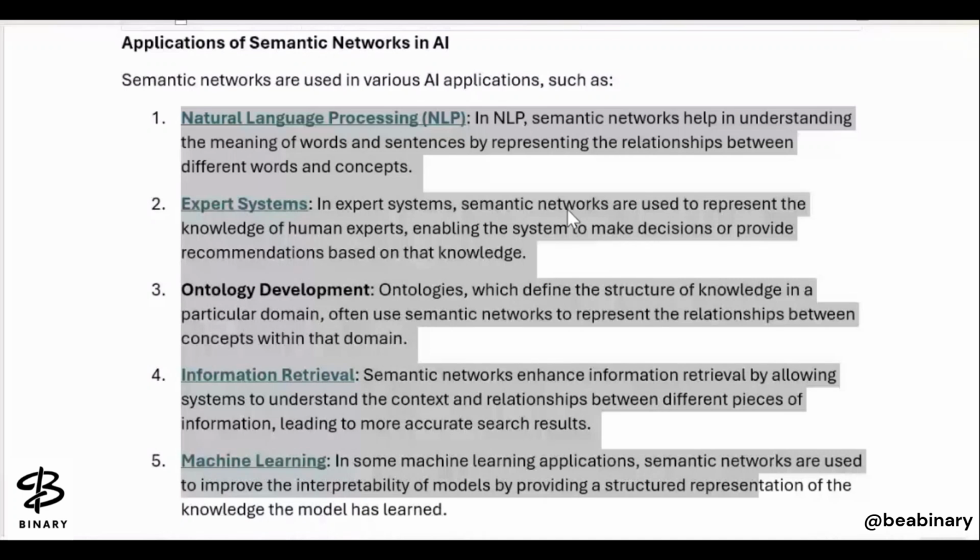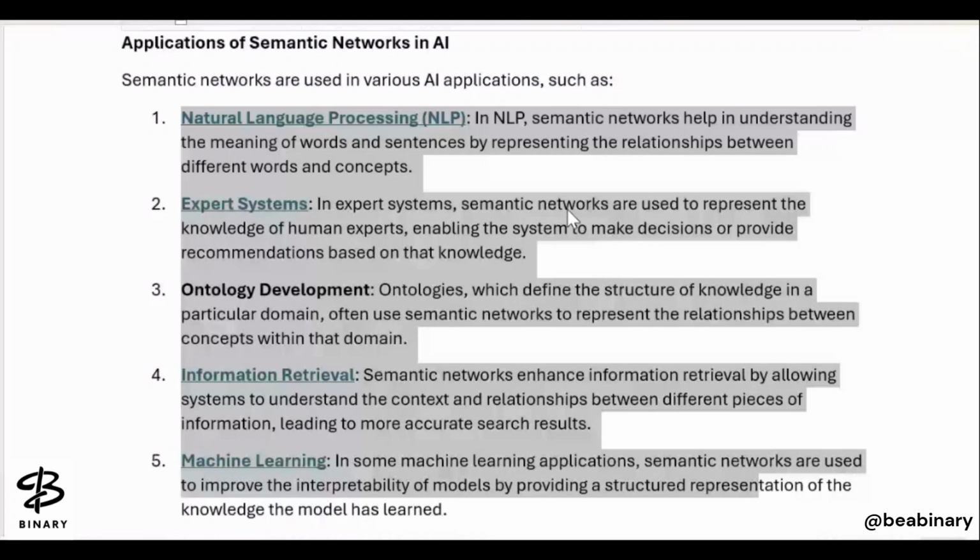Then we need to understand the particular domain or expert system. In expert systems, semantic networks are used to represent the knowledge of a human expert, enabling the system to make decisions or provide recommendations based on that knowledge, or simply here we are talking about inferences.